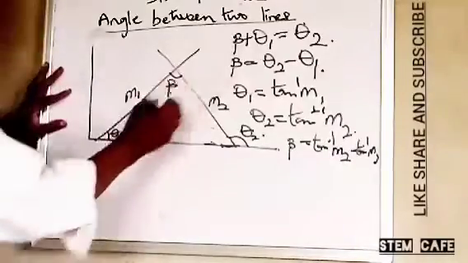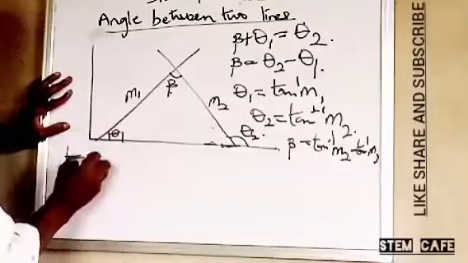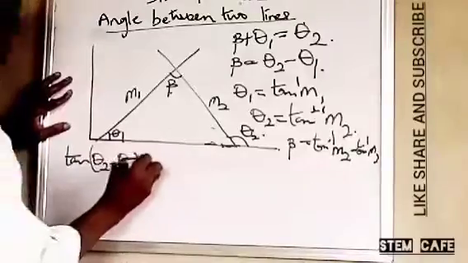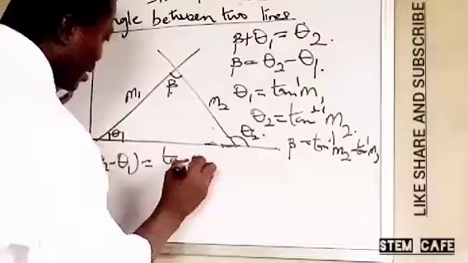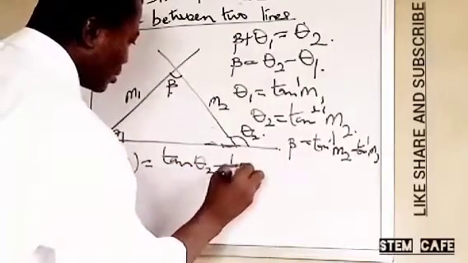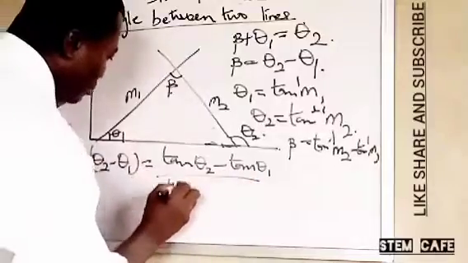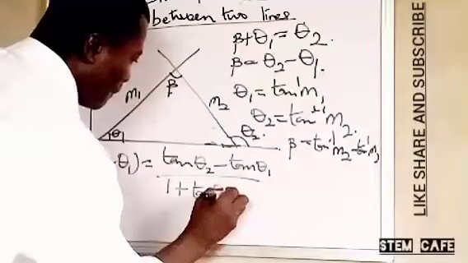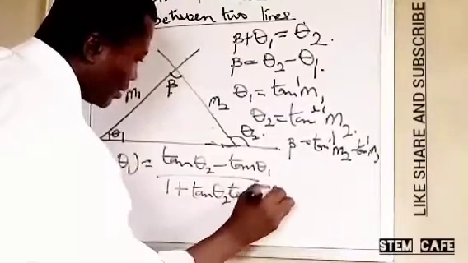We know that tan of (theta 2 minus theta 1) will be equal to (tan theta 2 minus tan theta 1) over (1 plus tan theta 2 tan theta 1).